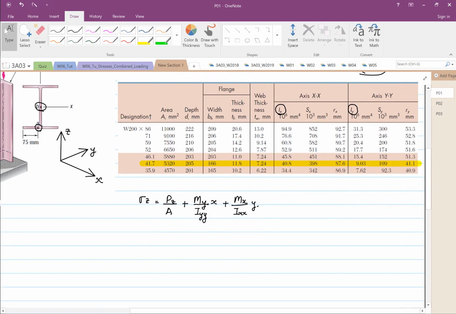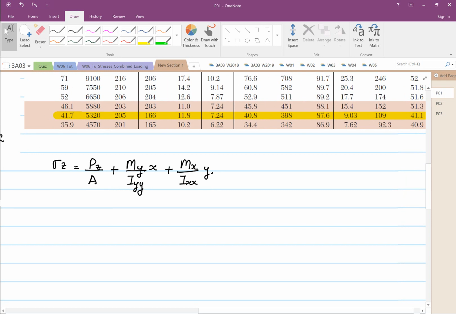Okay, and then the other formula that we are going to apply is the shear stress.